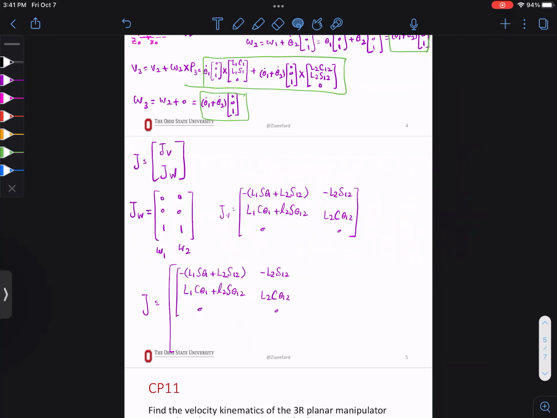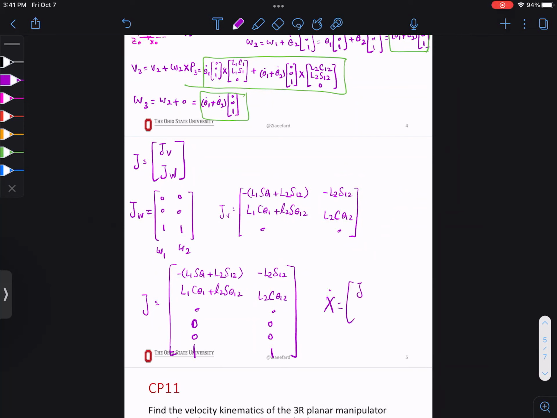The linear part of it is at the top, then 0, 0, 1, 0, 0, 1 for the angular part. Now you have 6 by 2. So your x dot is JV, J omega, which is that times theta dot 1, theta dot 2.